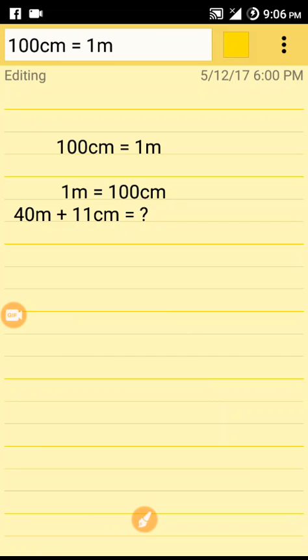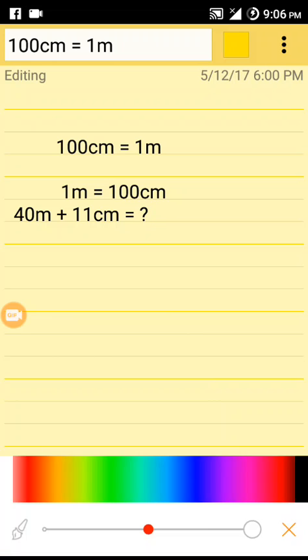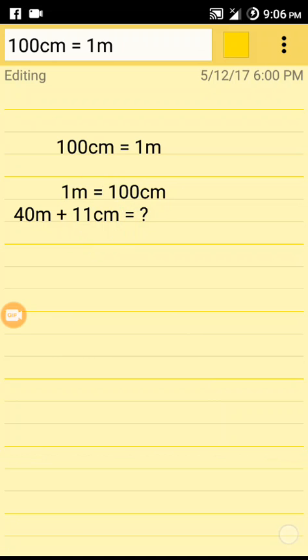Either you take one direction and use that, or you move to the other direction and use that road. In this case, either we add all in meters or we add all in centimeters. So for us to make that possible, if we want to add all in meters, we have to change the 11 centimeters to meters, so that we can add them.